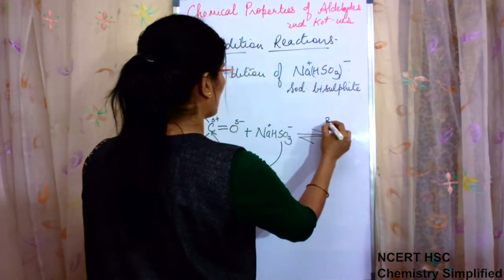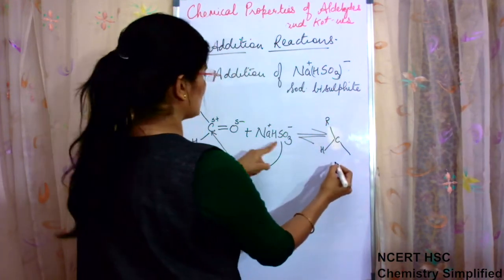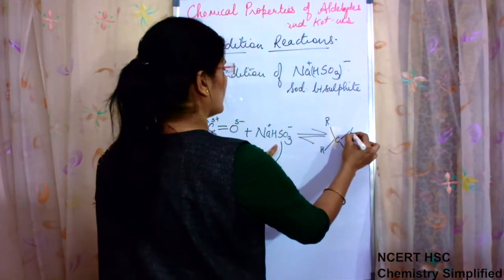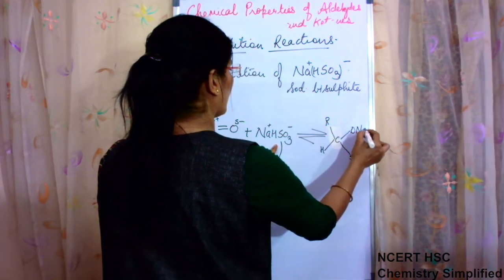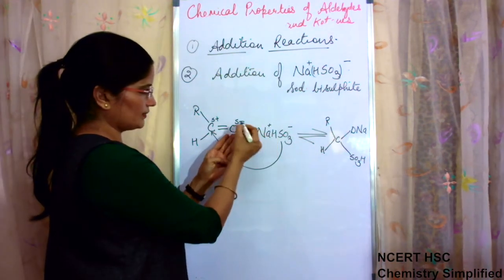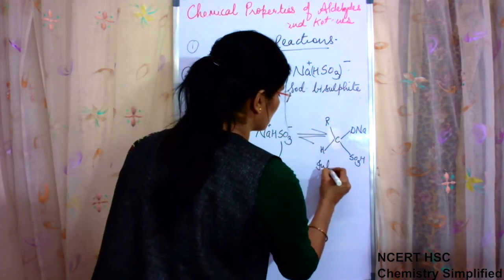It will be R, H, C, with SO3H and ONa. Okay. This time with O, positive Na is going and getting attached to form an intermediate.